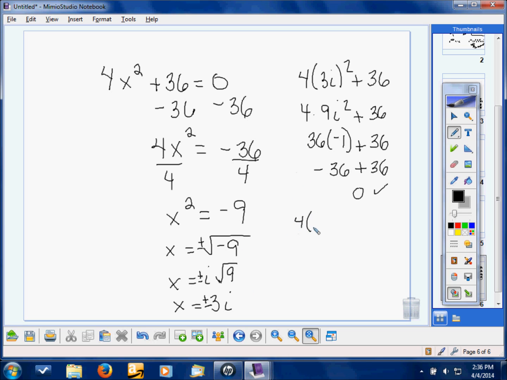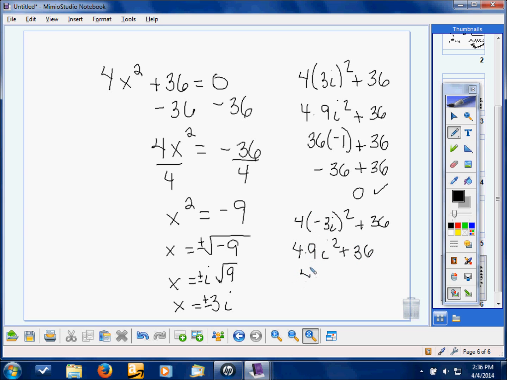You could do the same with -3i. 4 times -3i squared plus 36. Same process. You'd get the same thing, because this would be 9i squared, because -3 times -3 is 9.